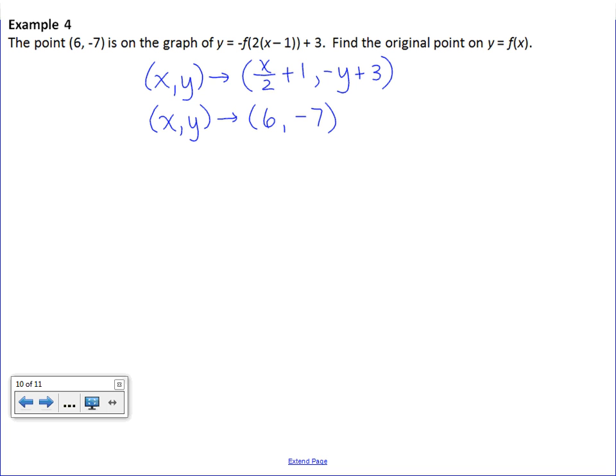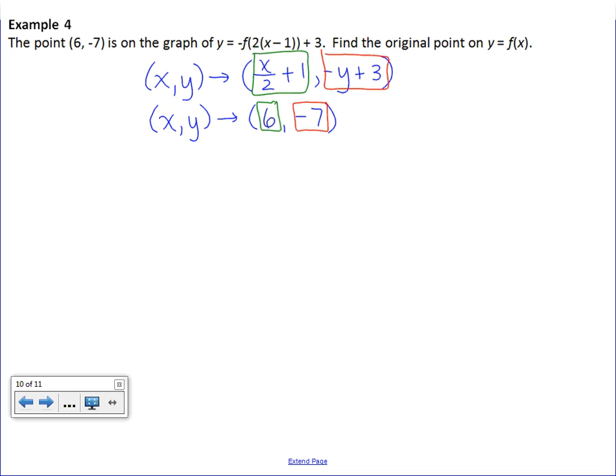These are equal. Whatever this is, you did something to x divided by 2 plus 1, you get 6. Is this making sense? And this is how you take original y and you get negative 7. You can set up a little equation and solve each equation. When you solve each equation, you're going to notice you're going to do the exact opposite in the reverse order, exactly what was said. Okay?